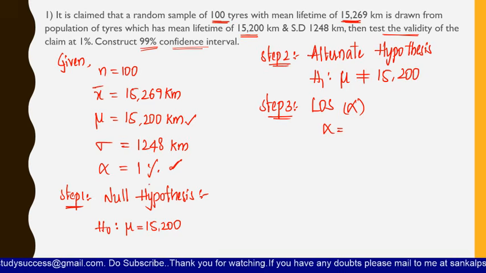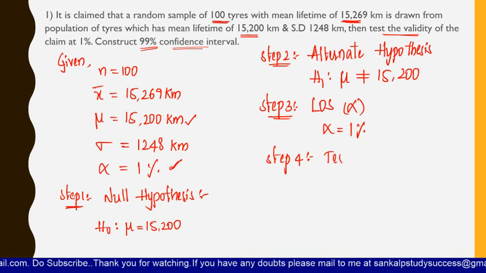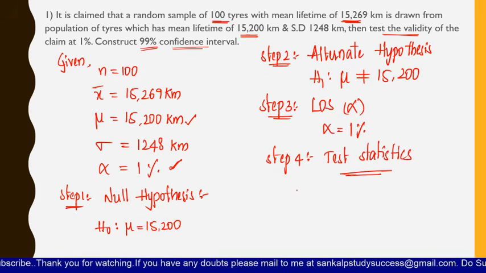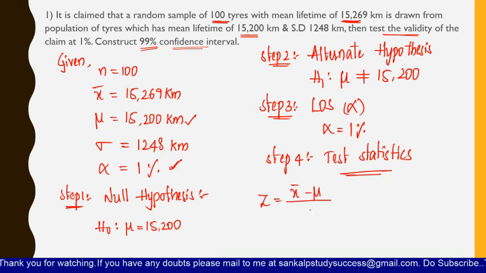Alpha is already given in the question, so alpha is equal to 1%. Now coming to step 4, which is the test statistic. Here Z is equal to X bar minus mu by sigma by root n.